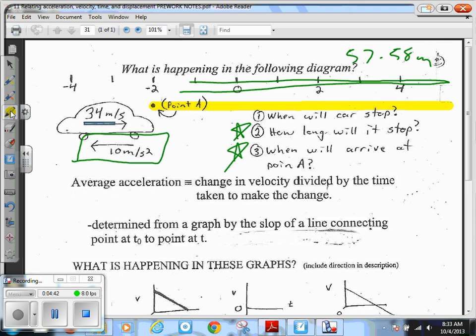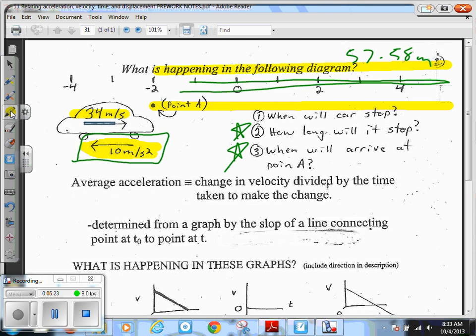Now in order for it to get back to point A, which is going to be when it achieves this 34 meters per second, the whole 0 to 34 is the same as if you go 34 to 0, right? It's still an average velocity. It still takes the same amount of time if we have the same constant acceleration. So it's going to take 3.4 more seconds to get back to that exact same spot. So the right answer then is 6.8 seconds is when it'll arrive at point A. Do you have any questions on that?